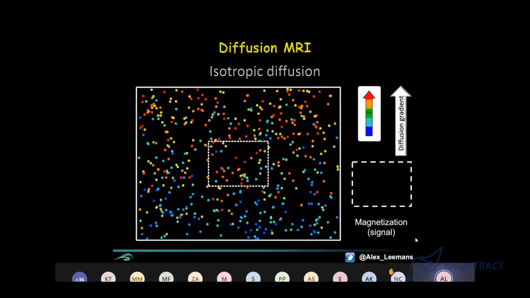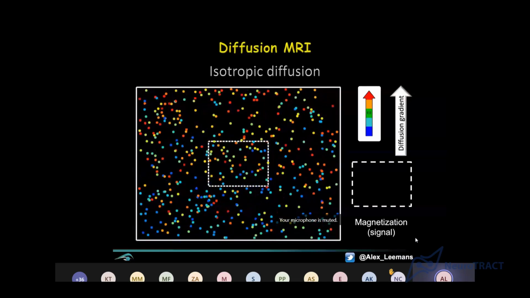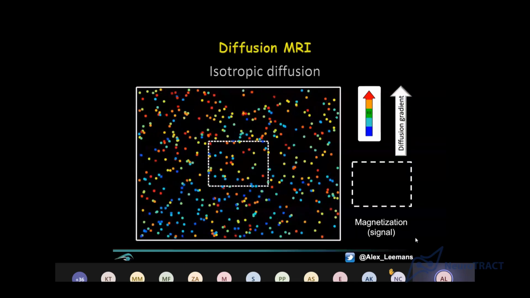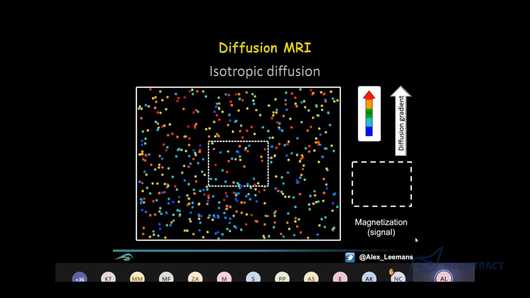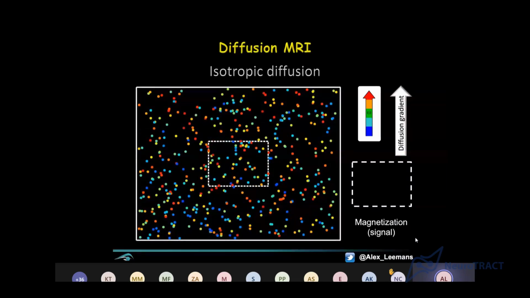All these particles will have a different precession speed. And if they're precessing differently, there will be dephasing. And so when there's a lot of diffusion going on, these molecules will not rephase after applying this 180 pulse. And so your signal will be gone.